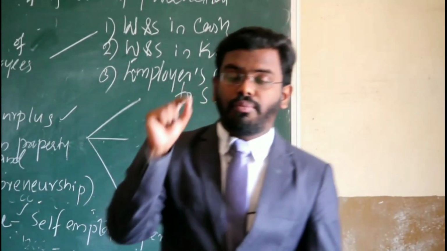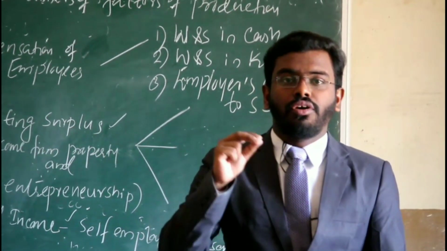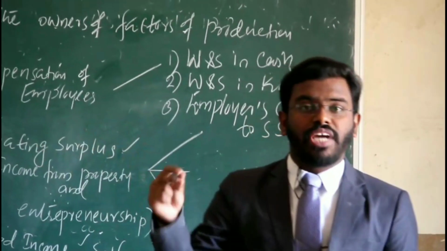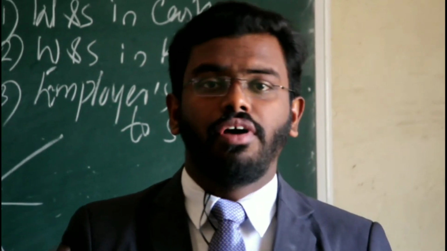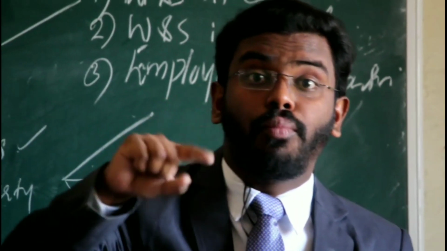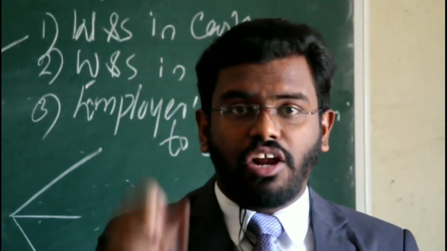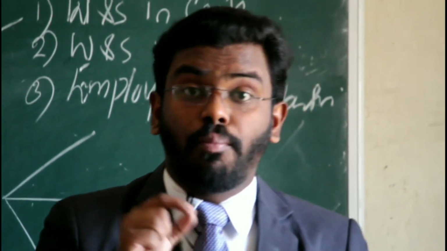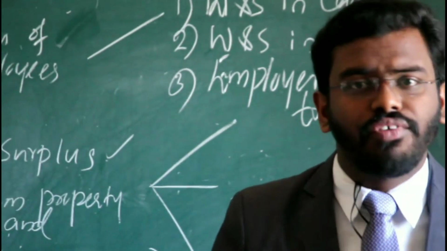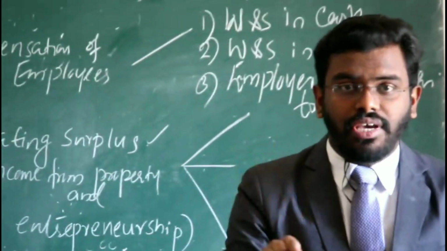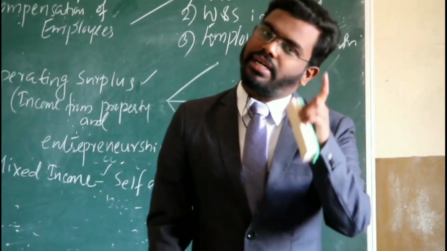First, from the side of the employer, who provides some contribution on behalf of employees. At the same time, employees also provide some contribution on behalf of themselves. Here we will consider the employer's contribution, not the employees' contribution. So while calculating national income, if you get employees' contribution to social security scheme equal to rupees 200, then we will not consider it. At the same time, if we get the employer's contribution, that will be considered.